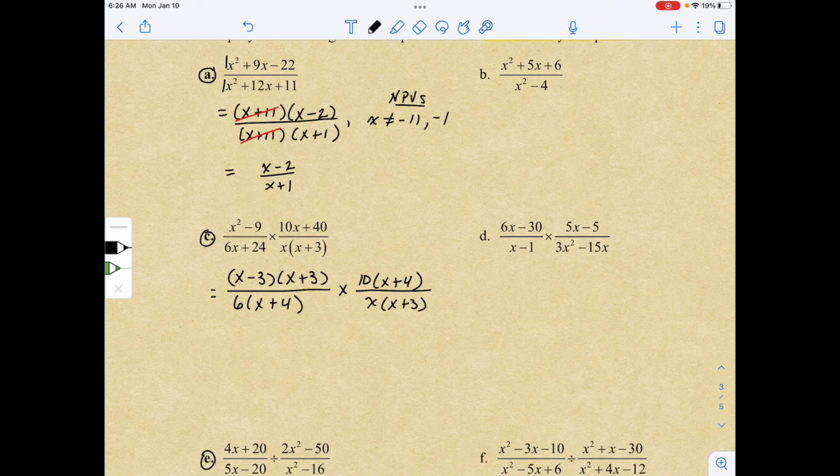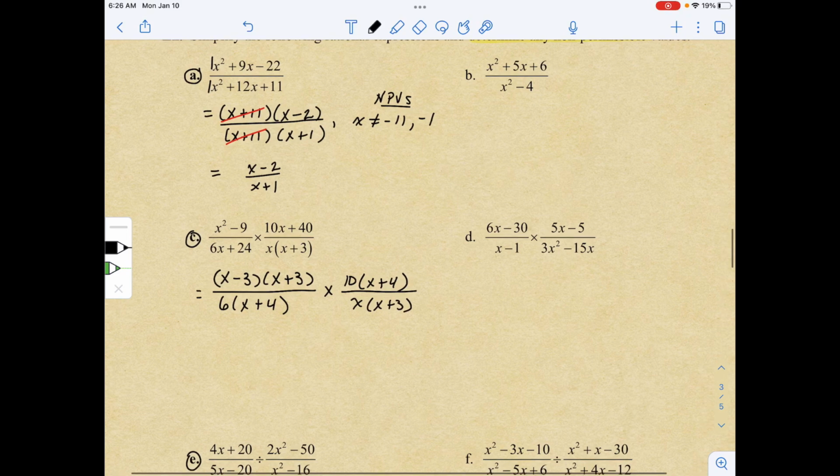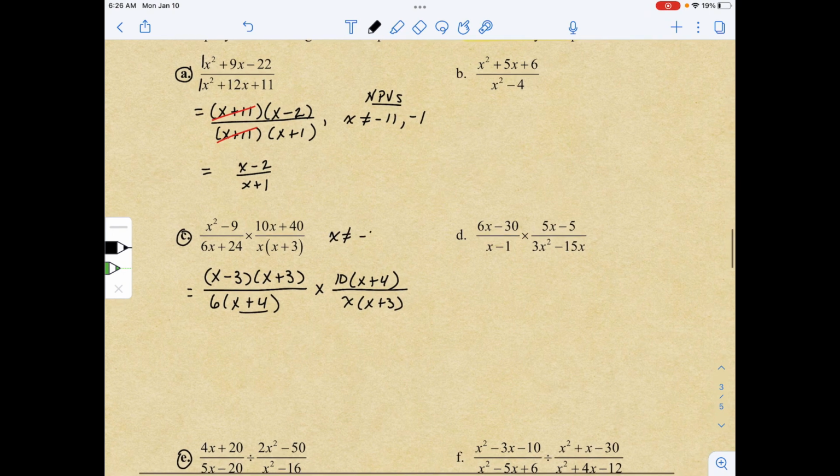factored for us. So we want to find all of our NPVs here, and so we know that x cannot equal negative 4. Right, we're going to look at that denominator. X cannot equal 0 and negative 3. Okay, those are our three factors in the denominator: negative 4, 0, and negative 3.